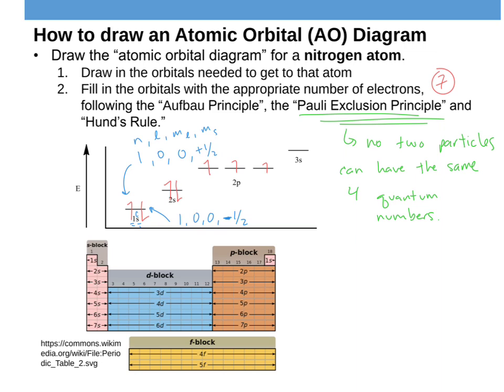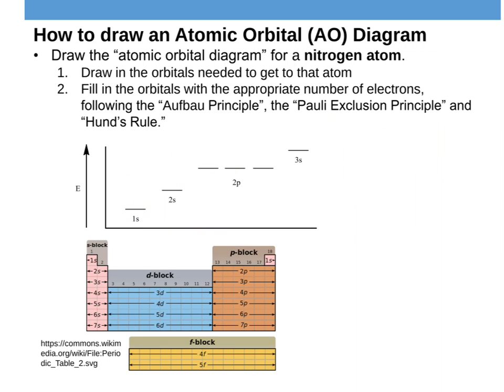And it turns out that's what Hund's rule is going to tell us about. So Hund's rule is going to solve our problem, right? So I've got 1, 2, 3, 4, 5, but my question is, where do I put my 6th and my 7th?